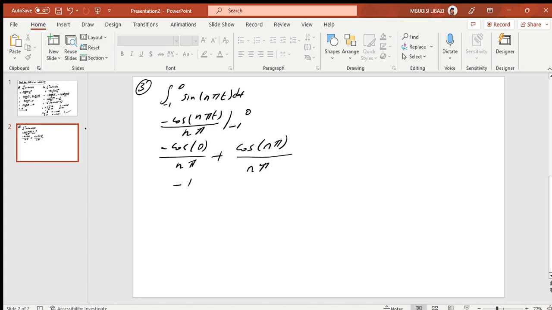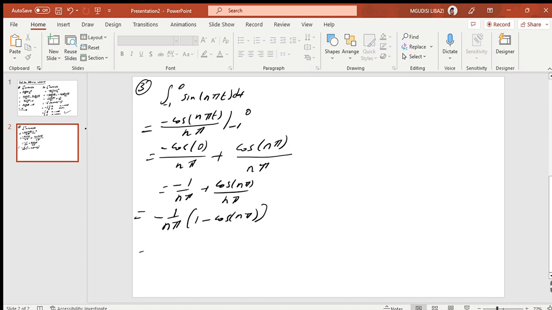So we have -1/n pi, and then plus cosine of n pi divided by n pi, and then we can take out -1/n pi, and we'll be left with 1 minus cosine of n pi. That's what we are left with.